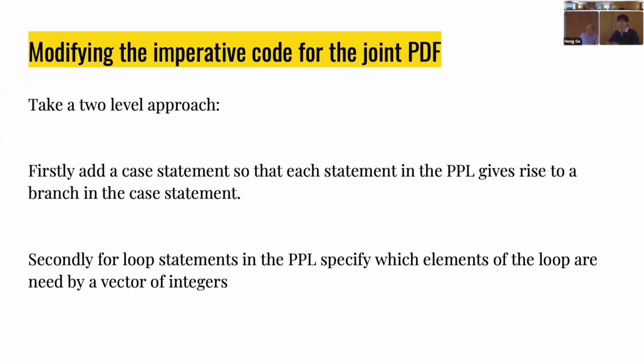So that is what I've been trying to do, to sort of feed extra information into the compiled code for the PDF, which will allow it to calculate conditional distributions, and then I can build Gibbs sampling algorithms or other more complex algorithms on top of that.